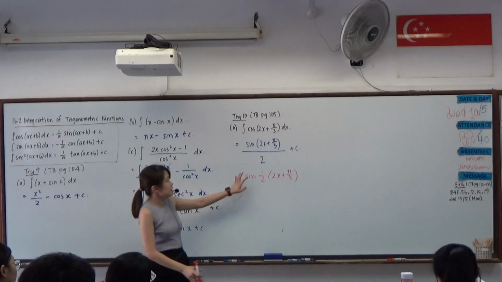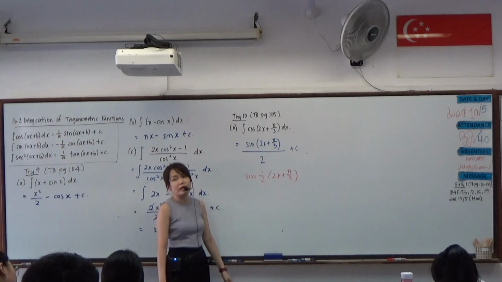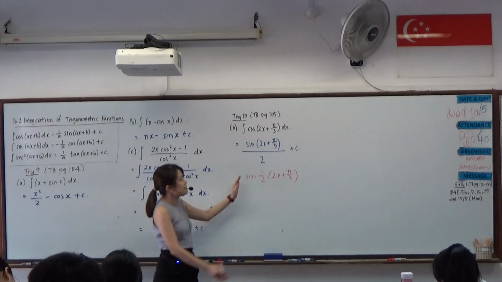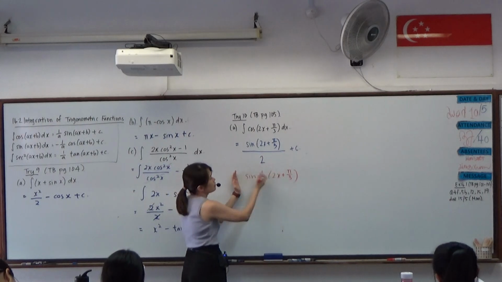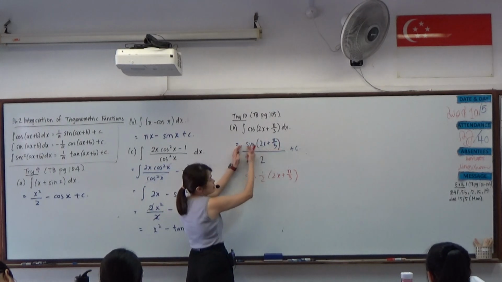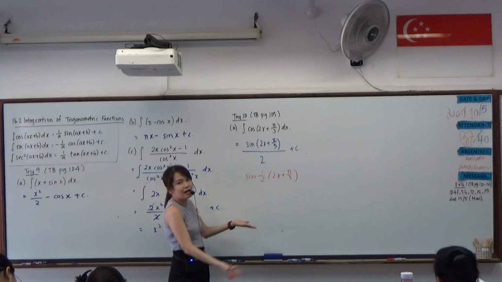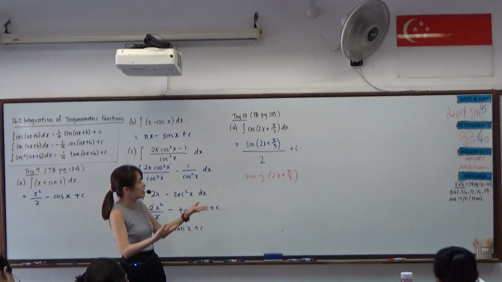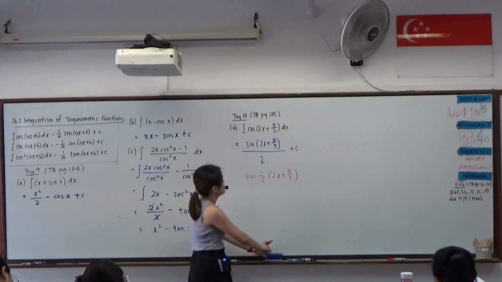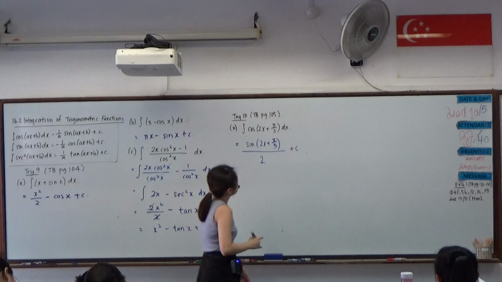Sine must come with an angle, and the angle in this case is 2x plus pi over 3. And we're dividing the entire ratio. Sine is a trigonometric ratio, the entire ratio divided by 2. So you cannot insert a half in the middle of nowhere. So that's the thing to know.